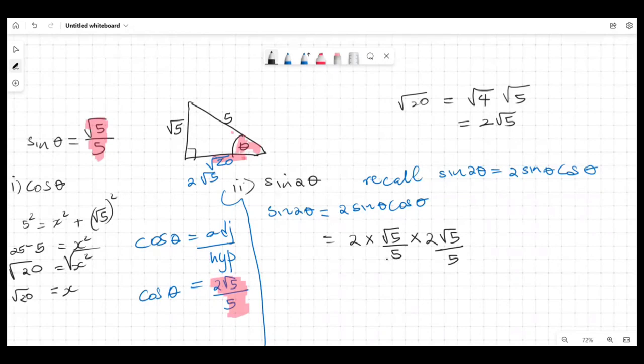And then if I continue working this, 2 and 2, 4, I'll have 4 times root 5 times root 5, which becomes 5, over 25. And then I'm actually getting 20 over 25. And if I cancel this with 5, I get 4 over 5. So sine 2 theta is, in the end, 4 over 5.